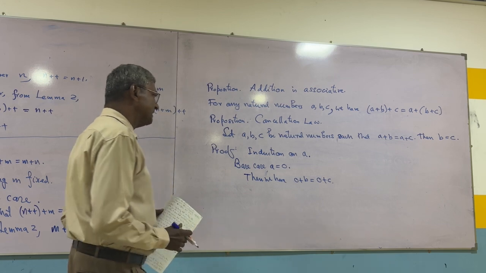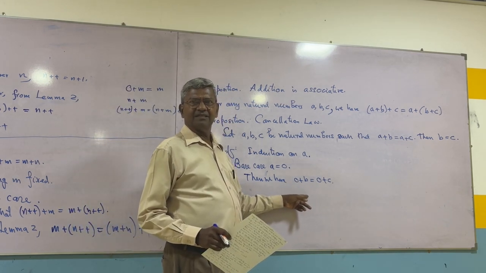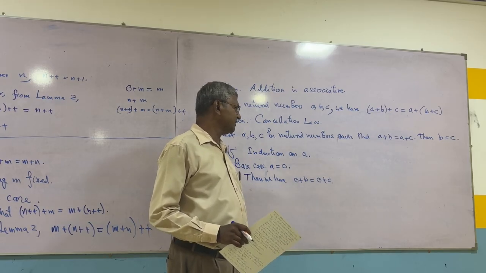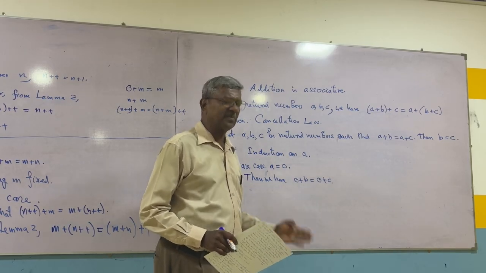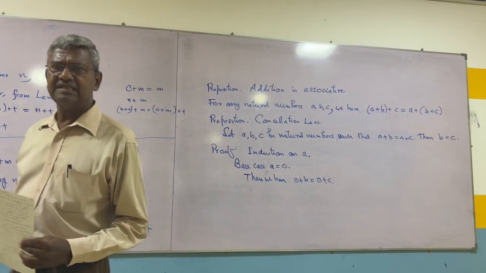We want to show that b is equal to c. But by definition 0 plus b is b, and again by definition 0 plus c is c. Therefore b is equal to c. Base case is done.